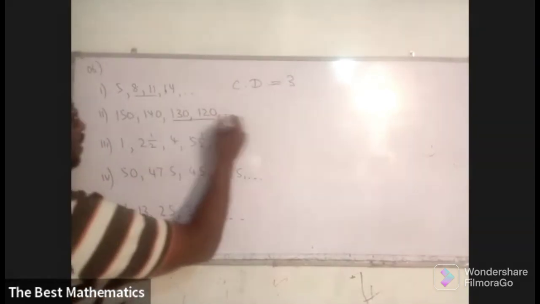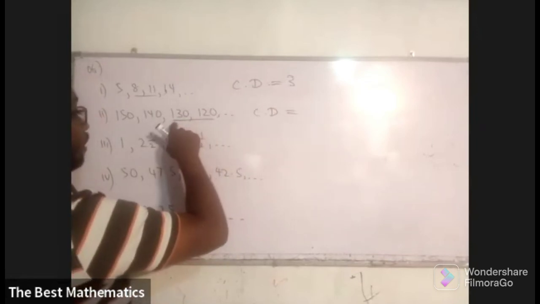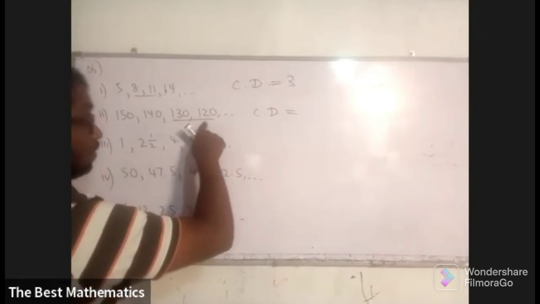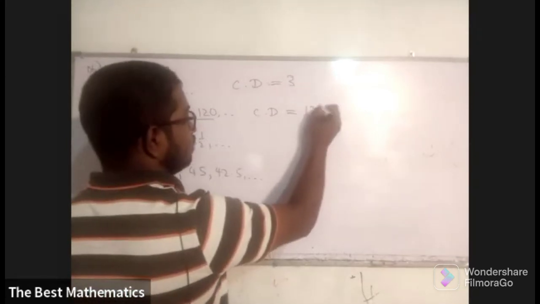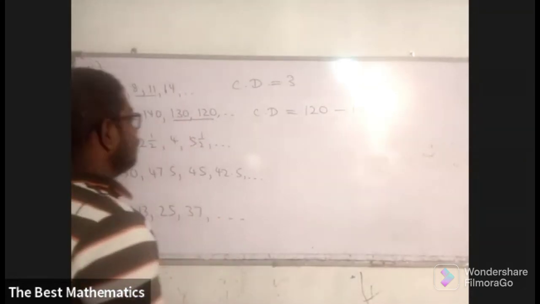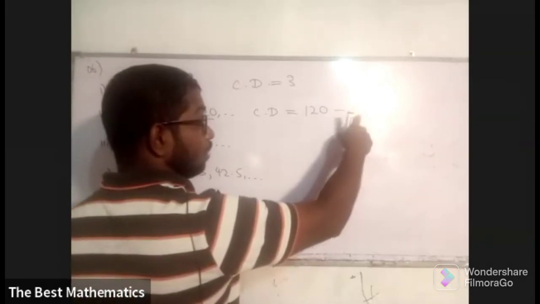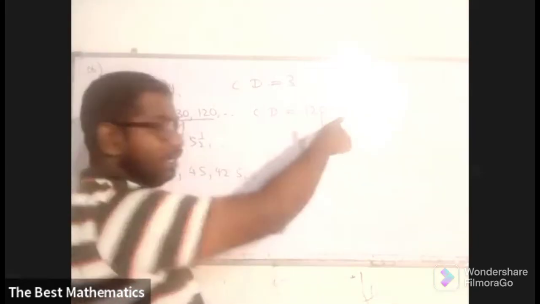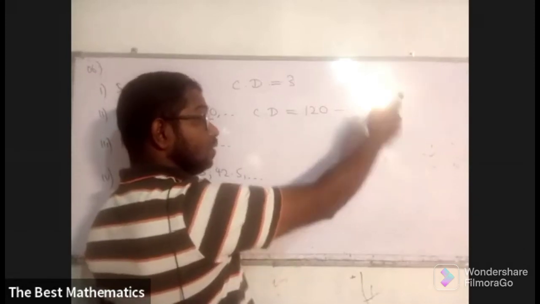Here consider any two terms. Subtract the previous one from the next one. Look at here. The next one is 120, the previous one is 130. What is the common difference? You can't subtract 130 from 120. Then how to find it? Subtract the small one from the large one and give the symbol of the large one.